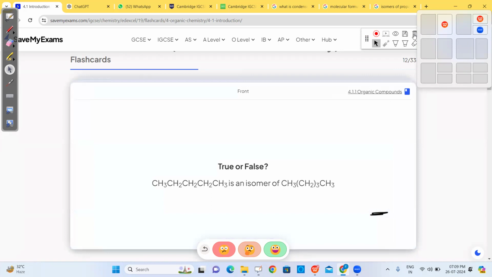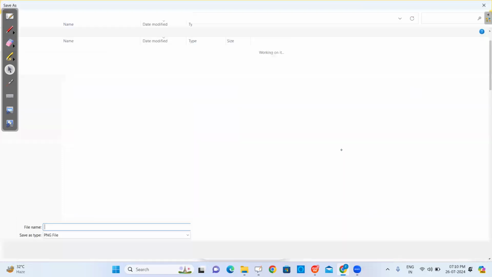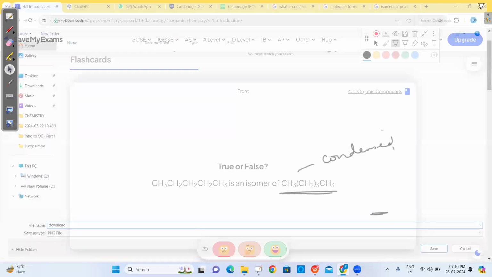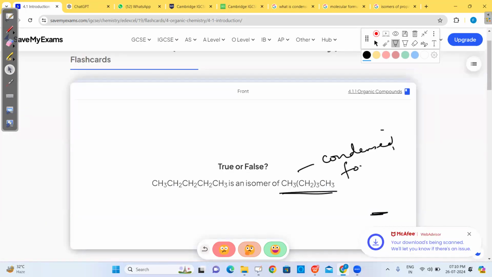Okay, so here you have CH3, CH2, CH2, CH3. Is it an isomer of this? Now here, what you see is a condensed formula. Now, how is this condensed?